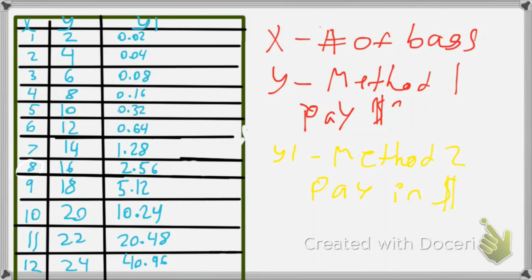Now, if you see this table, you can see that up to 11 bags, method 1 payment gives the most amount of money, and at 12 bags, if Celia rakes 12 bags, she earns almost double what she will earn in method 2 for 11 bags, which is $40.96.